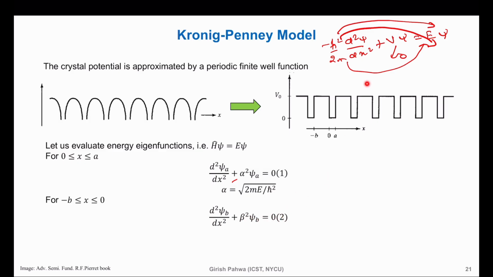So how does that happen? Again, this is minus h bar square by 2m d2 psi by dx square plus V naught psi equal to E psi. You can take it here, or whichever way you want.